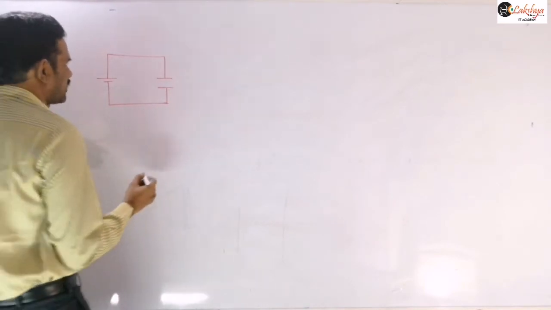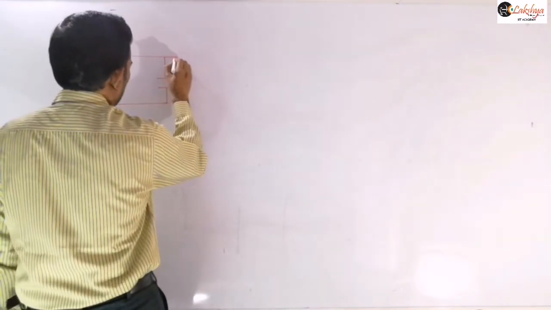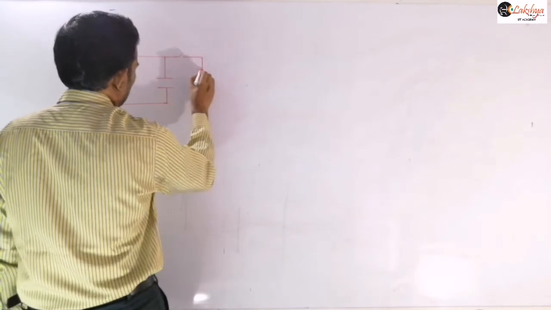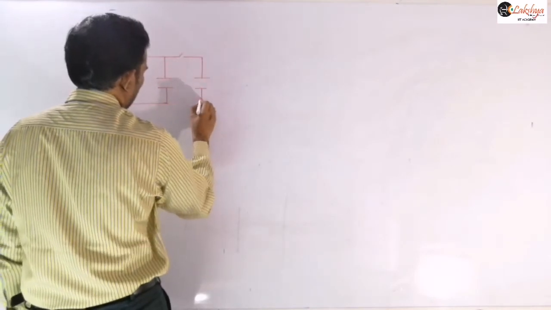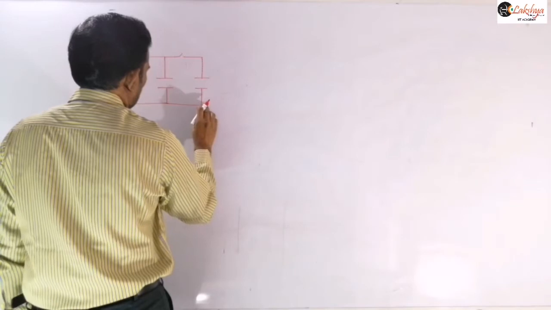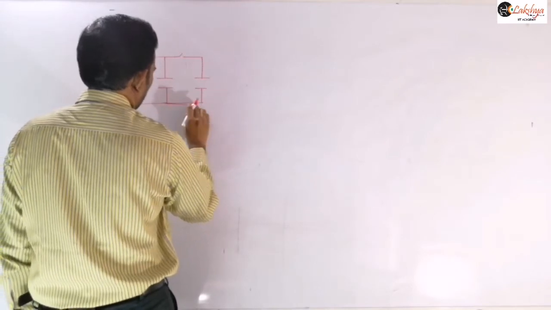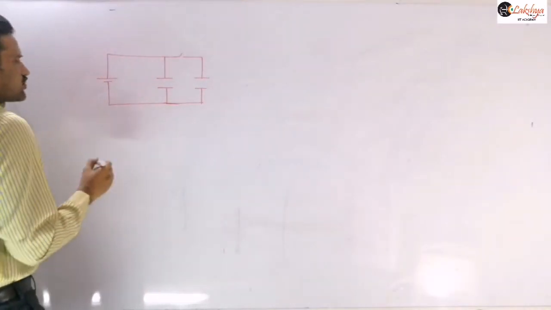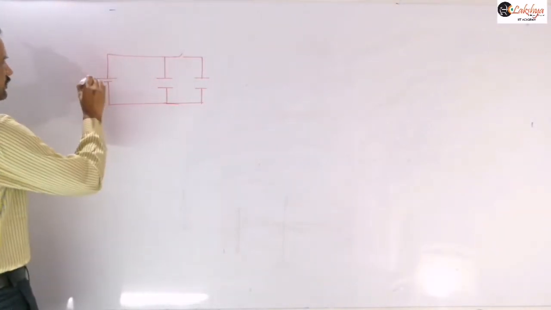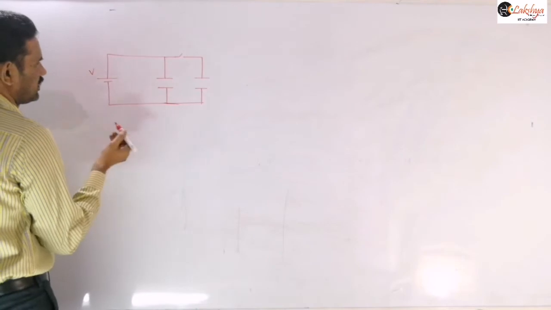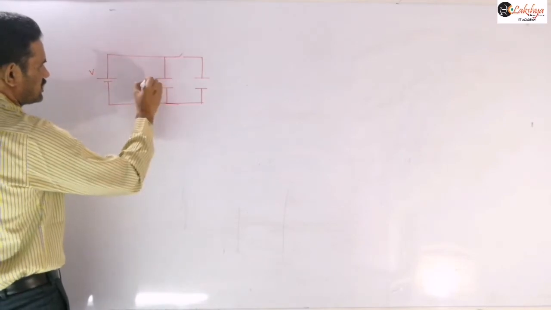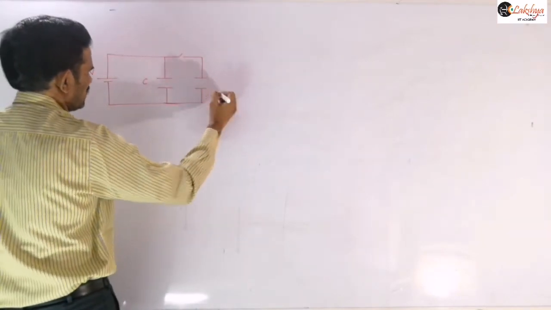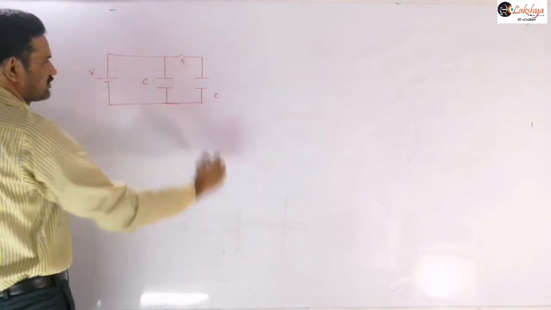This is one capacitor and another capacitor is connected through a switch here. Now this is our situation. Suppose this is V, and this is capacitance C, and this is also C. Now this is a switch S.